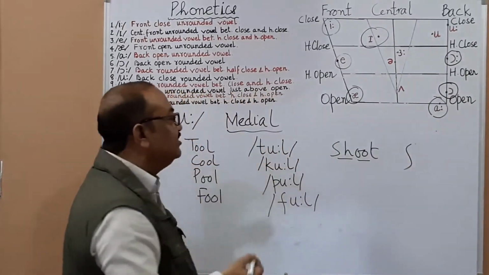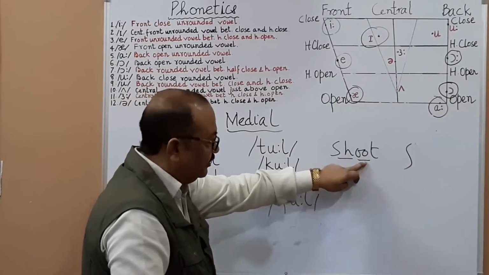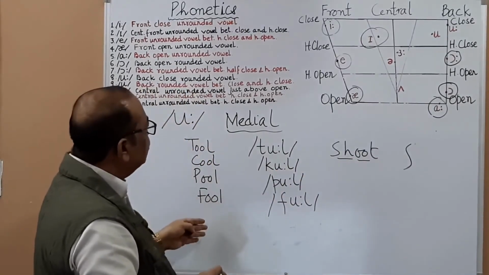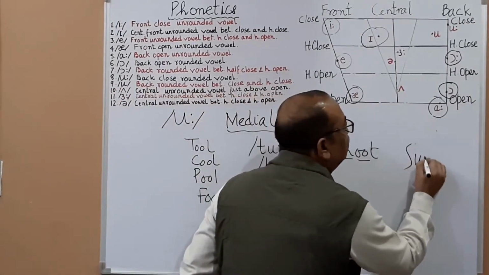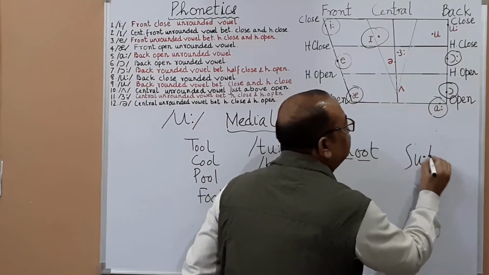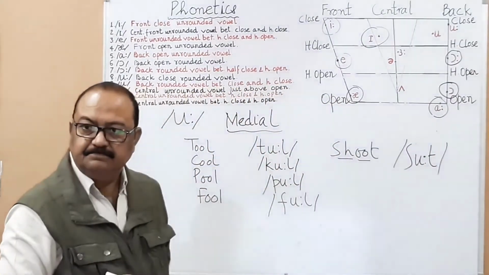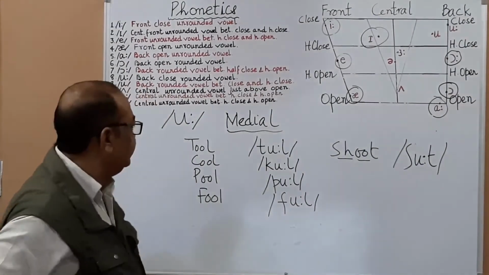Now you can guess where you have this sound. You have the sound where you have either double O, or in most of the cases double O. So shoot. This is very easy. Medial position is very easy.